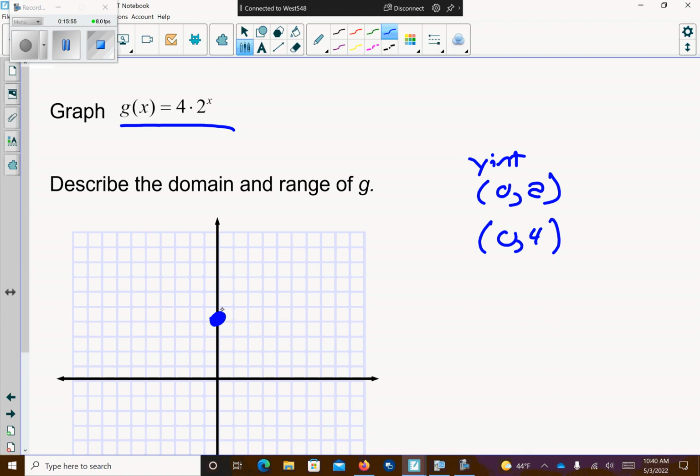Now, I'm just asking you to survive on these a little bit. So I'm going to create a little t-table. So I already took care of the 0 x values because that's the y-intercept. So I'm going to plug 1 in. If I plug 1 in, that becomes 4 times 2 raised to the first power. So what's 2 to the first power? 2. So this becomes 4 times 2. What's 4 times 2? 8. So I have the point 1, comma 8. So 1, comma 8, 2, 3, 4, 5, 6, 7, 8.